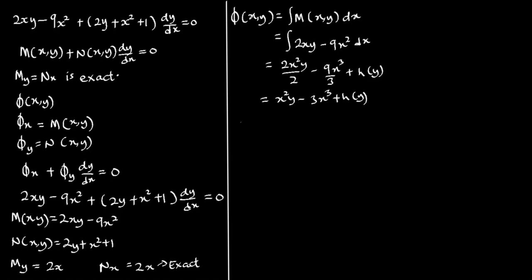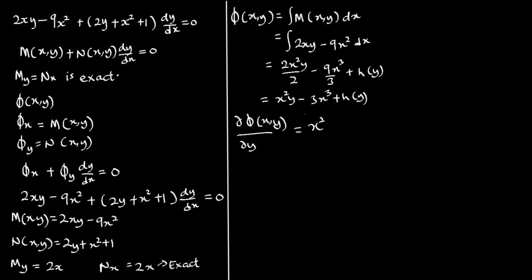Let's look at that. I'm going to take the partial derivative of phi(x,y) with respect to y. We are differentiating with respect to y, so the y becomes 1, and I'm going to have x squared.